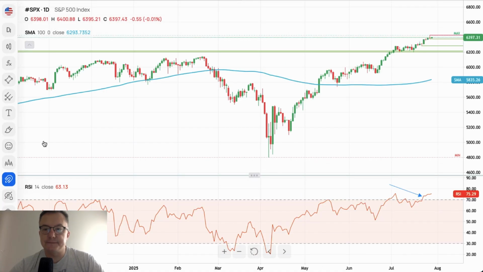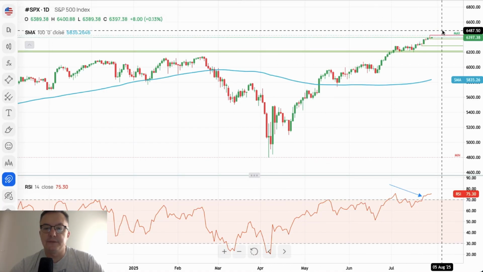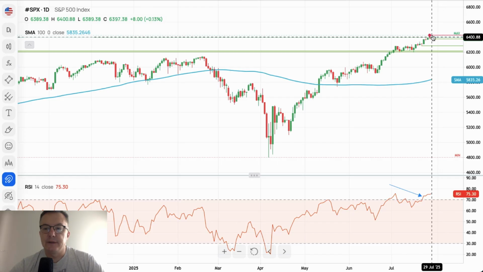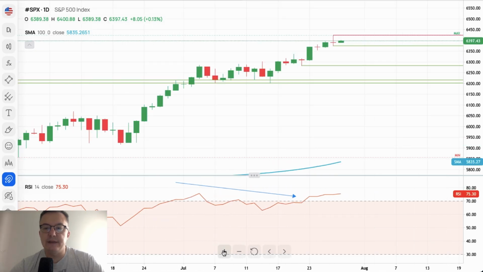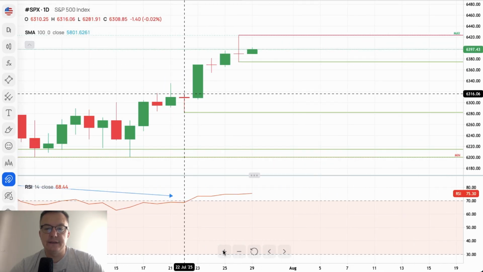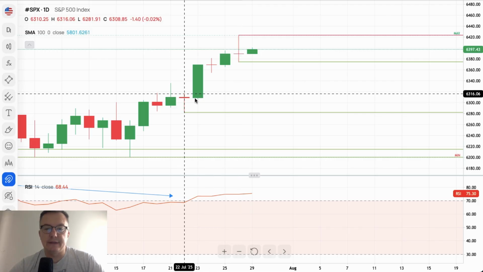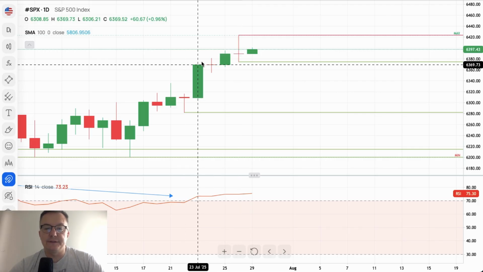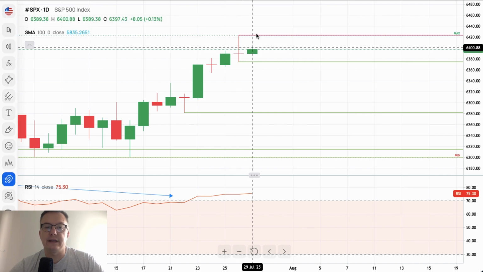Let's switch to daily. As you can see on the daily, plenty of this retracement, this correction has been erased. Interesting candles here, first doji, second doji, but the market doesn't care. Every time after the doji there is a green candle, pause day, green candle, pause day, green candle.